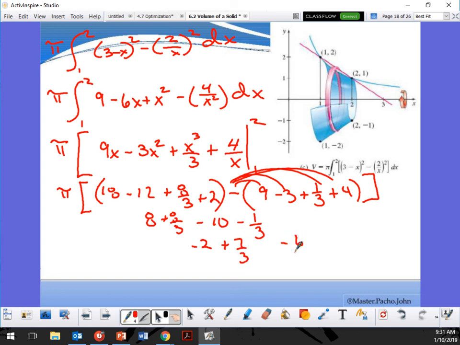So it's negative 6 over 3 plus 7, giving positive 1/3 pi units cubed. Because that's a really, really tiny sliver, isn't it? And we're taking that sliver and rotating that around, so it's not going to get a very large volume out of that.